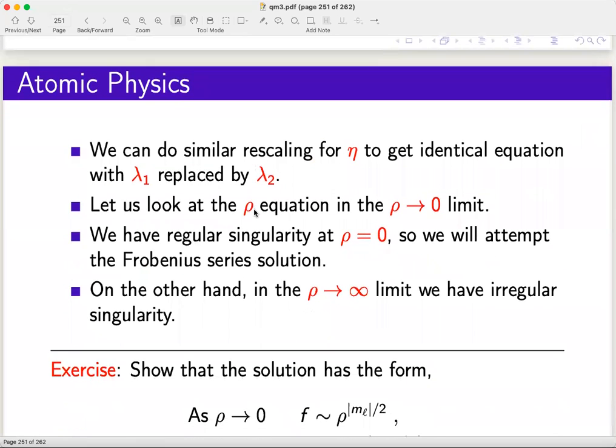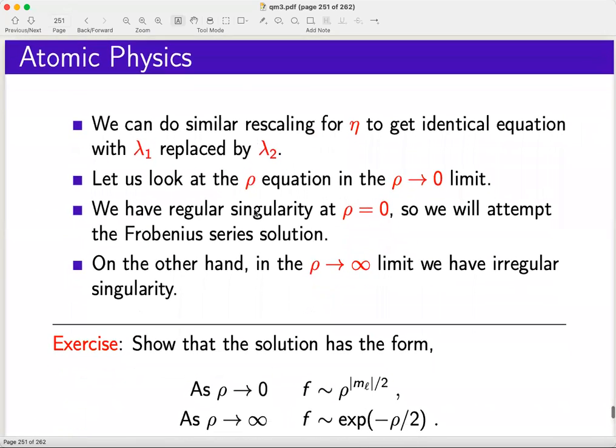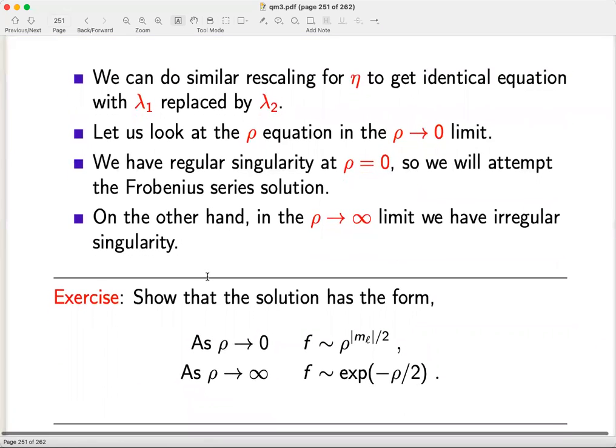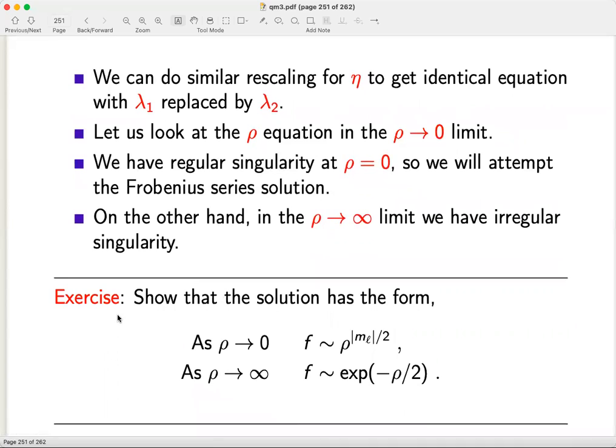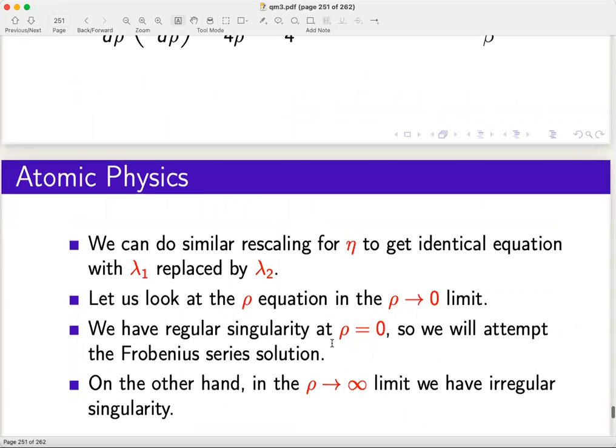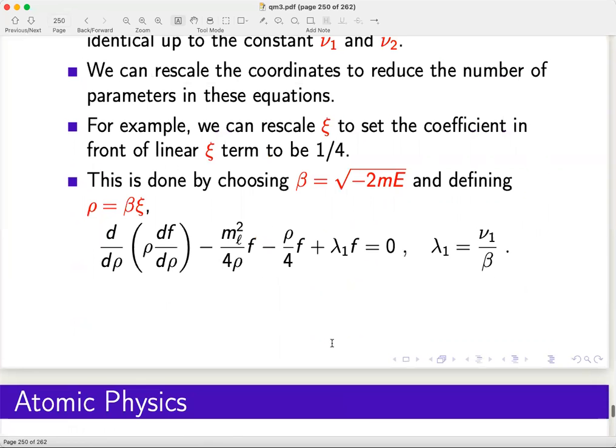So we can do this analysis, and we can show, as a simple exercise, that near rho equals 0 the function f will have a dependence rho to the ml by 2, and near rho equals infinity the function has a dependence exponential minus rho by 2. What you need to do is the following.